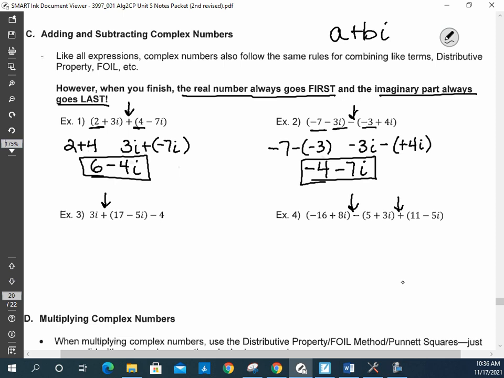So with example 3, you have 3i plus 17 minus 5i minus 4. Again, combine your like terms. So 3i plus negative 5i, and then you've got 17 minus 4.